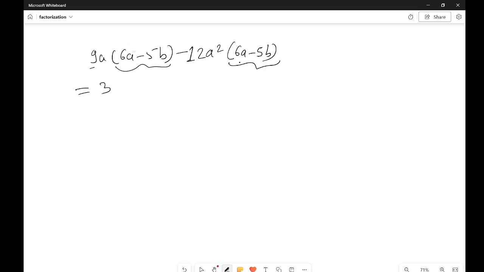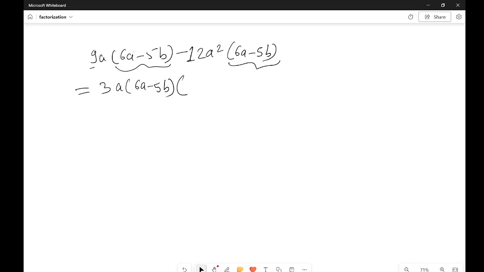This part is already common, 6a minus 5b, but along with that the other part we have a as well. So 3 from 9 and 12, then a from a and a square, and then the expression 6a minus 5b. Then I will start another bracket.